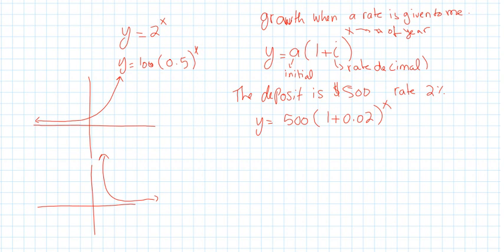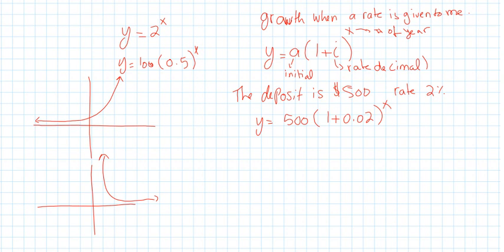Okay? So the equation is y equals a times 1 plus i to the power of x, where you have to plug in values for a and i. It will stay as x unless I say, how much money do you have in the account after 10 years? Then what do you do?